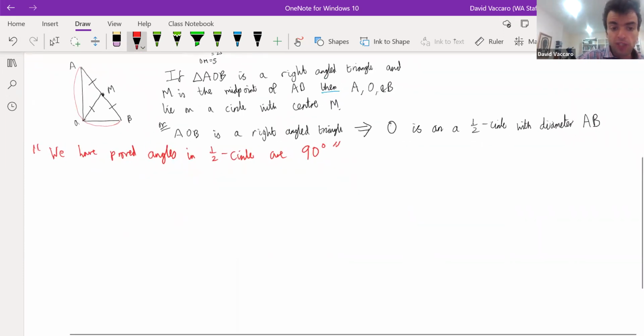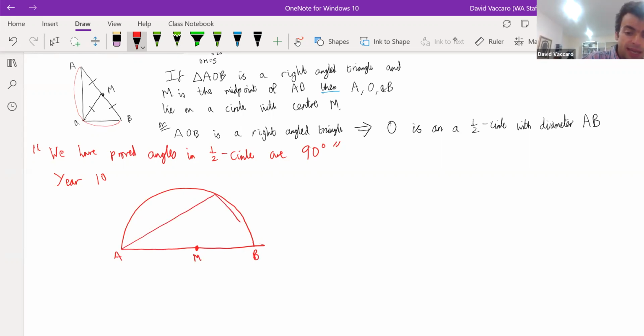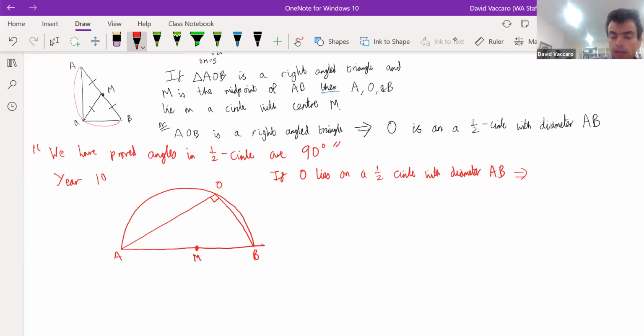You'll have proved in year 10 that if I draw a semicircle with diameter AB and the center M, we know from year 10 that if O lies on a semicircle with diameter AB, that implies that the angle AOB is equal to 90 degrees.